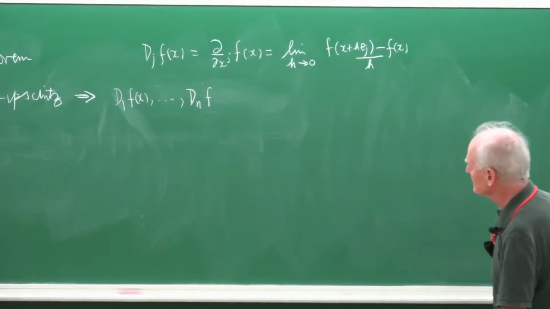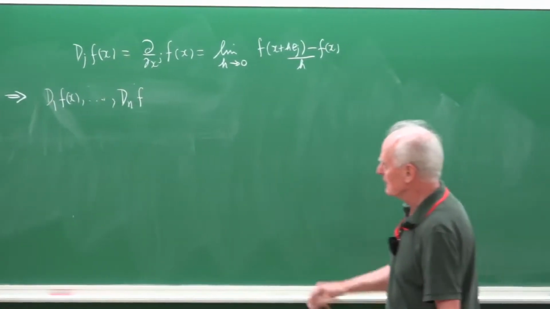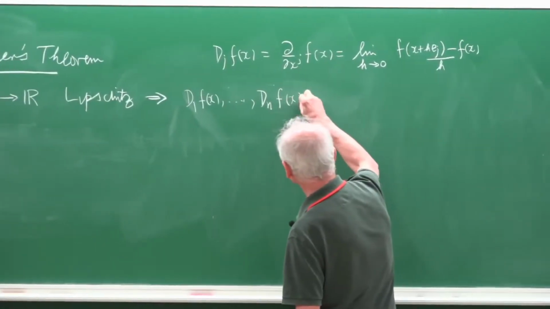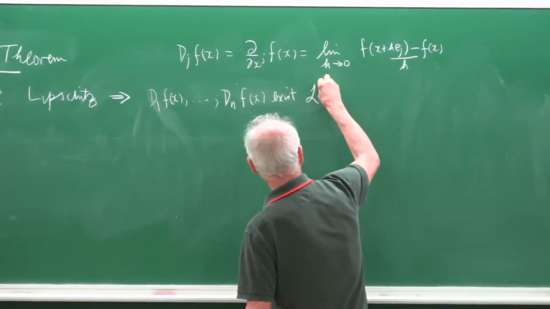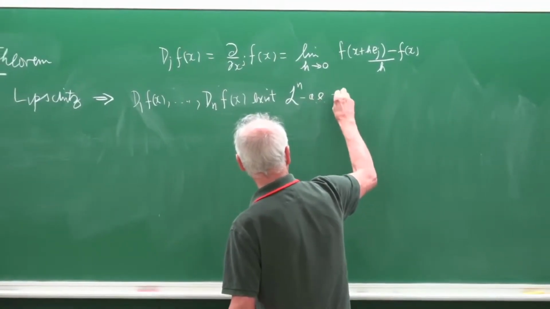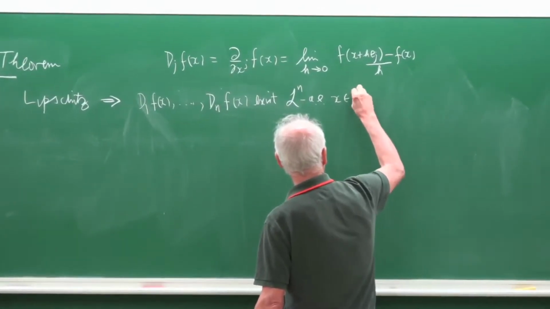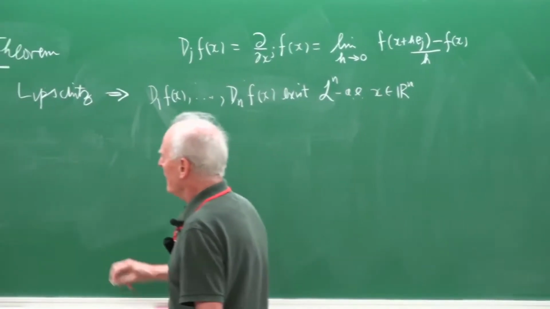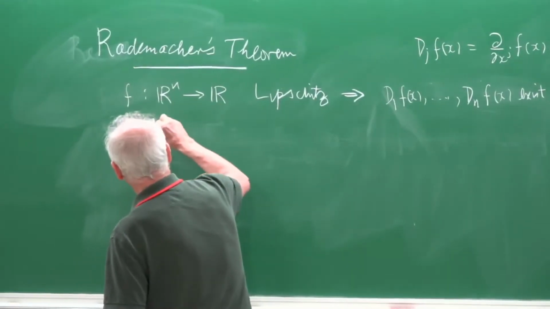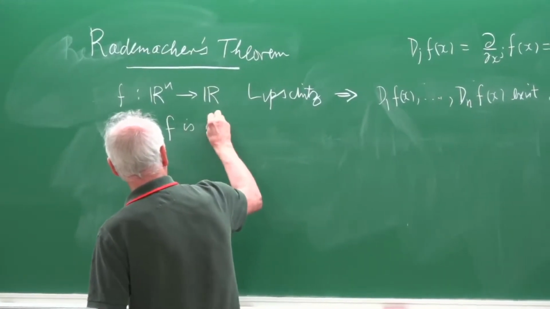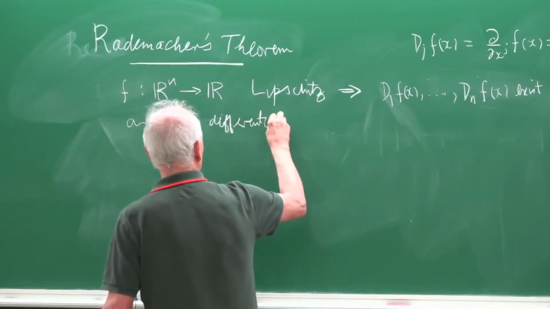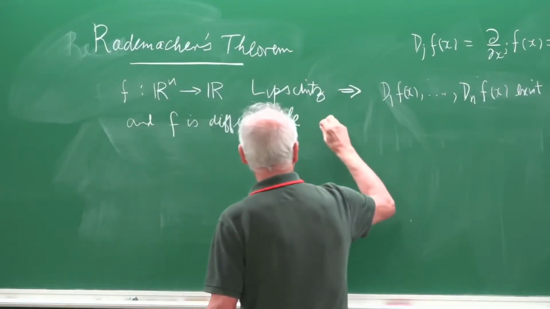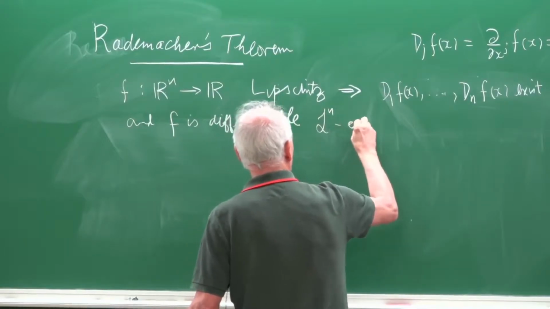That should exist. So the claim is that they exist for L^n almost every x in R^n, and f is differentiable L^n almost everywhere.